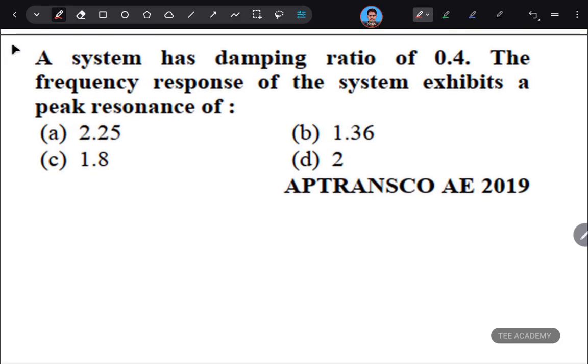Next question, friends, see here. A system has a damping ratio of 0.4, zeta value given. The frequency response of the system exhibits a peak resonance of. So it's a direct formula based question.